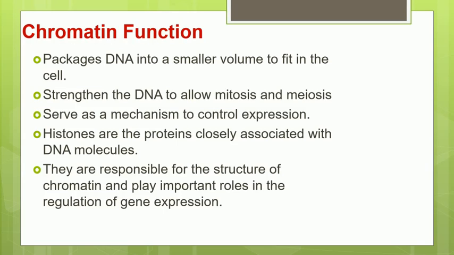When the coiling of the DNA takes place, it is coiled around certain proteins. Those proteins are called histone proteins, and due to this coiling, it gets more condensed, and by this mechanism it is responsible for the structure of chromatin and plays an important role in the process of gene expression.